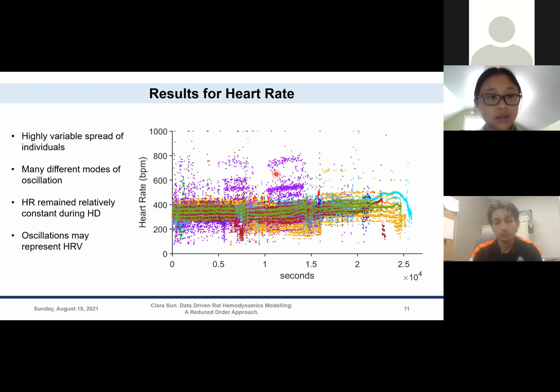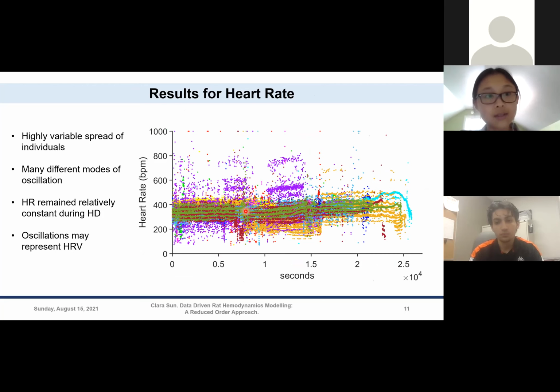The effects of hemodialysis on heart rate are illustrated here. The spread of individual heart rate was highly variable, with some rats showing very wide ranges as seen in the purple and orange, while others had ranges that were more narrow, such as the olive green and dark blue. However, most rats did experience many different modes of oscillation.